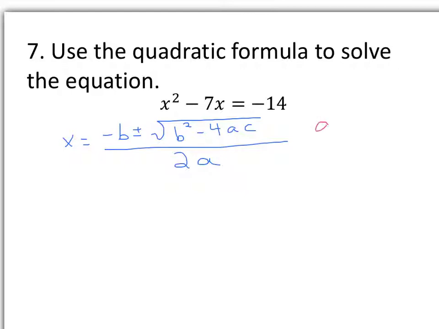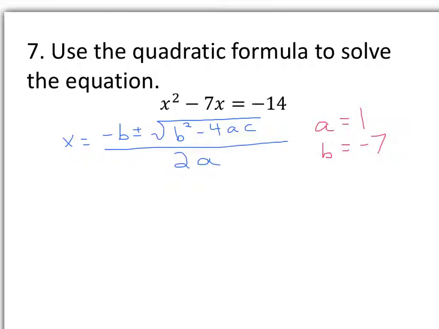A is the coefficient in front of the x squared term, which is 1. B is the coefficient in front of the x term, which is negative 7.